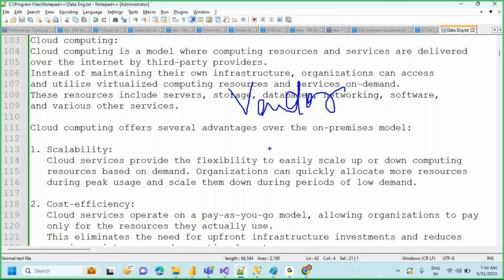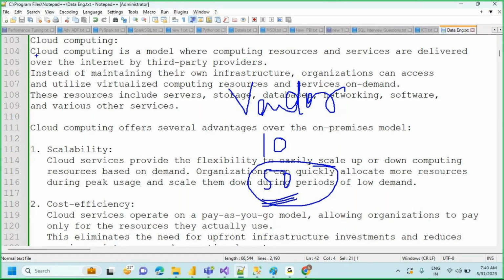If I wanted to add compute power, let's say I have 10 computes and I wanted to make it 50, I can just go and add it. It's just a few clicks away to add or degrade the compute power. But if you wanted to do the same thing on-premise, it's highly impossible in a very short period of time.